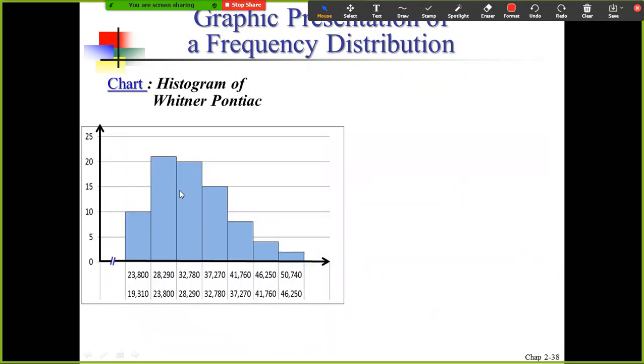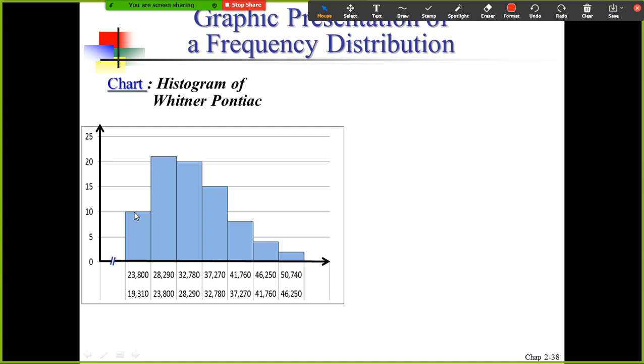How to draw it again? This one we already drew as a histogram. So based on the histogram, we try to find the class midpoint. Where is the class midpoint of the first class? This is the first class, second class, third class, fourth class, fifth class, sixth class, and seventh class. Class midpoint is exactly the middle of the first bar for the first class midpoint.